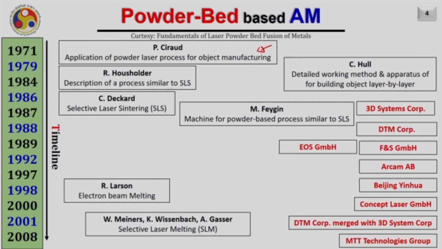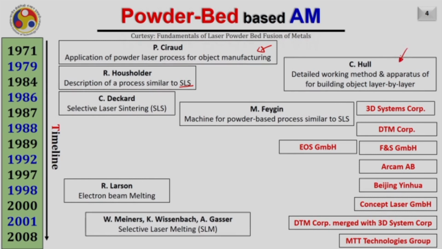Then in around 1984, Professor R. Householder gave a description of a process very similar to selective laser sintering. Around a similar time, Professor C. Hull provided a detailed working method and apparatus for building the object layer by layer.